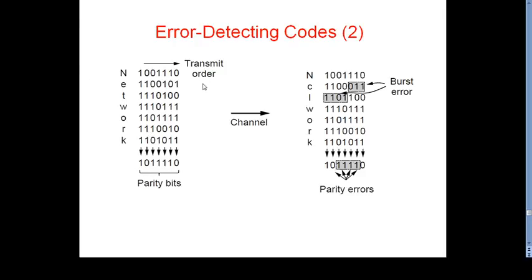This is the transmitted order, this is your received order. What is a burst error? An error of more than 1 bit, which occurs as a combination. So here the error occurs. Then here the parity bits will be added. So these are the parity bits to be added here.